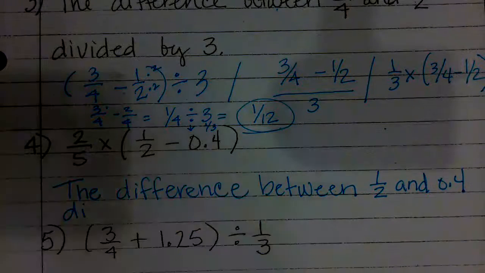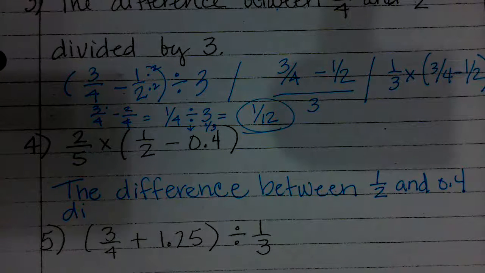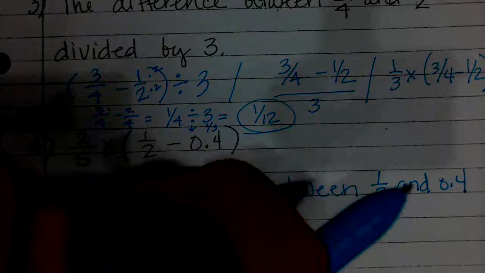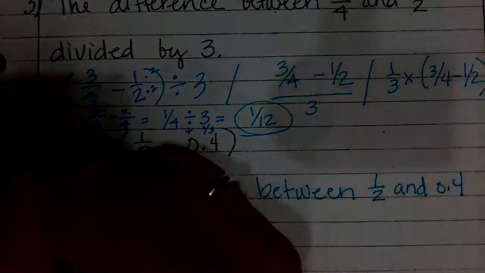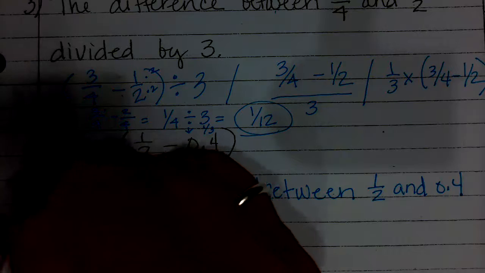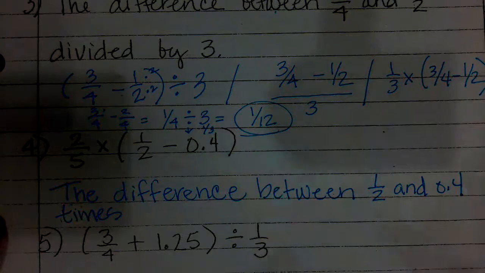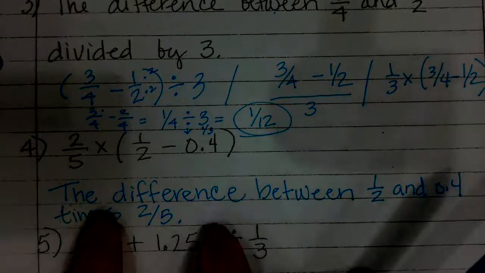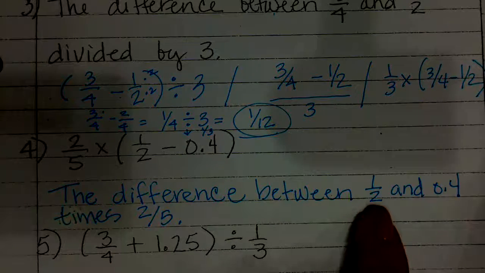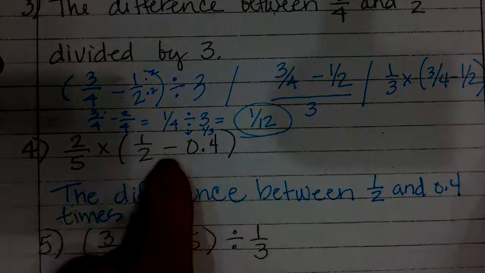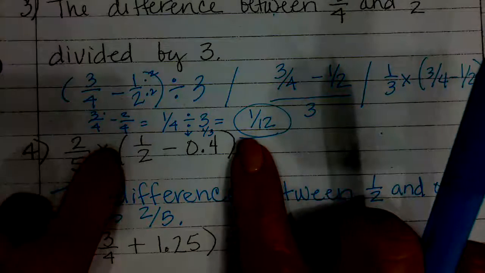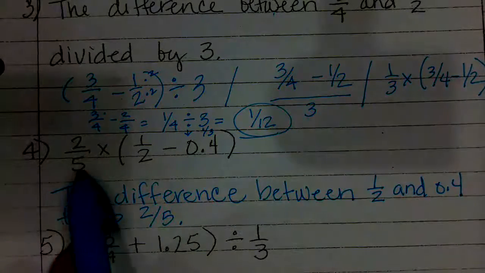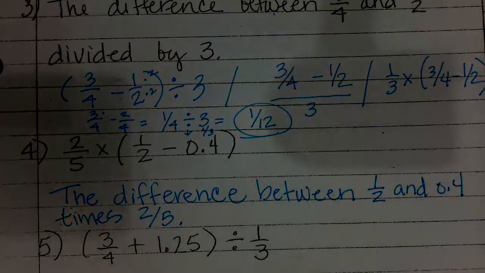You could say divided, you could say multiplied. What do you think? I'm going to go back and say multiplied by, or times. I like times better. Times what? 2/5. So let's go back over this. The difference between 1/2 and 0.4, we're starting with it because it has the parentheses, times 2/5.